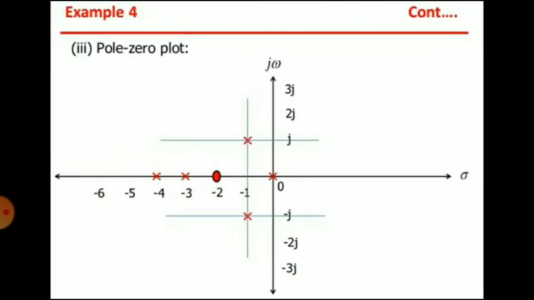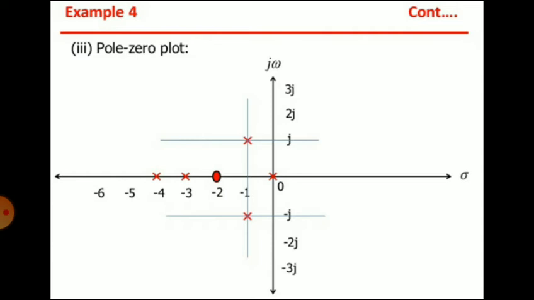Now show the poles and zeros in a pole zero plot. First indicate the real numbers on the x-axis. So poles will be 0, -3, -4 and the zero will be -2.